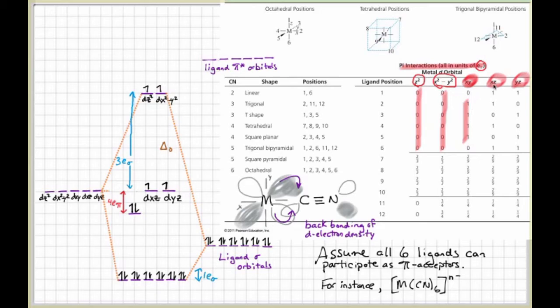And then our dxz and dyz are also lowered in energy due to, for the dxz, interaction at ligand positions 1 and 2 and 4 and 6, and for the dyz at positions 1, 3, 5, and 6, each getting 1 unit for the degree of overlap at those positions. That totals also 4 E pi, and so those will also be lowered by the same amount as the dxy.